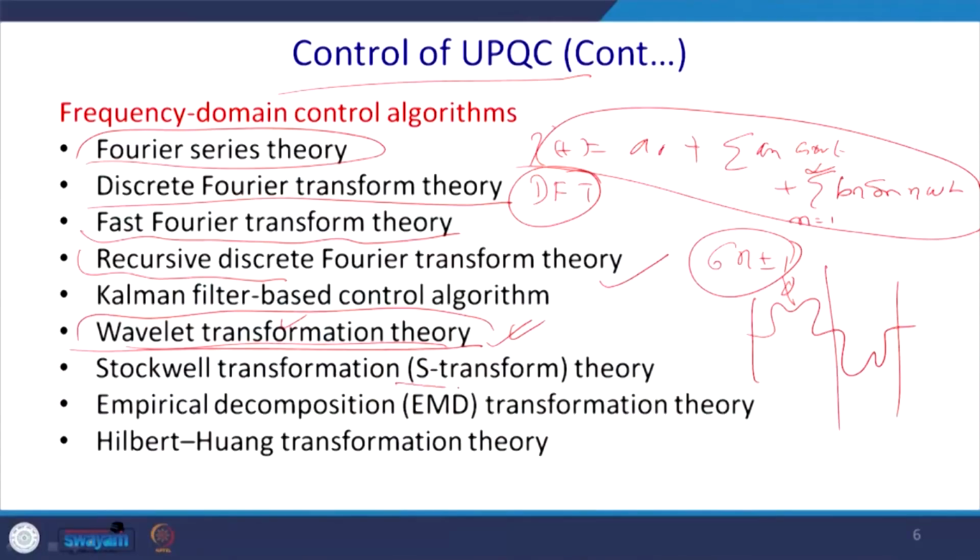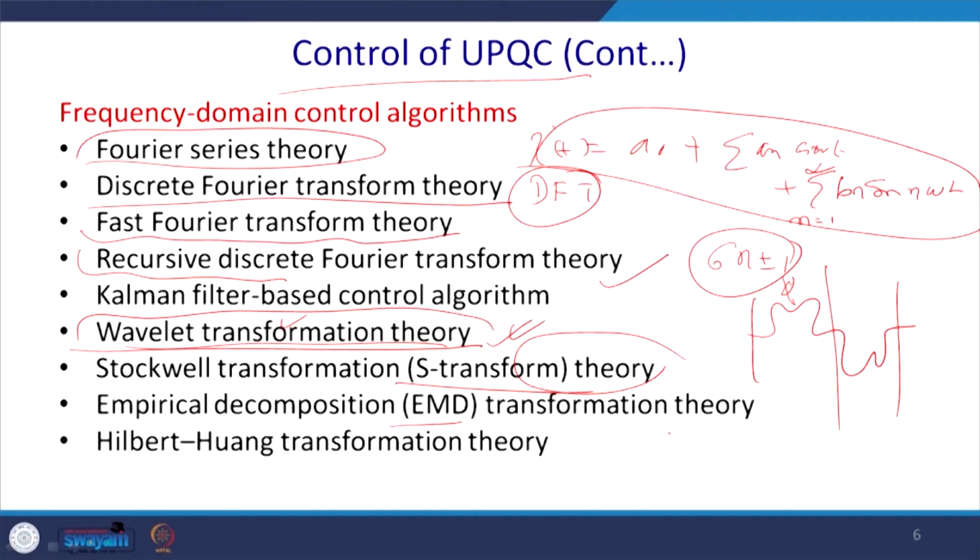Same way, Stockwell transformation or the S transformation theory is nowadays used for the mathematical calculations. Based on that we can also estimate the different parameters of the Fourier series. And same way the empirical decomposition transformation theory also gives you the load current components in the Fourier domain.